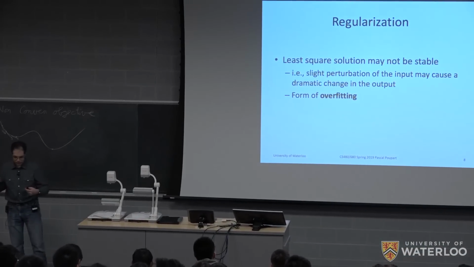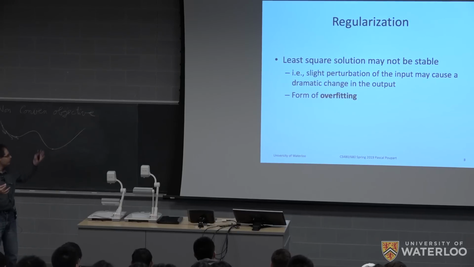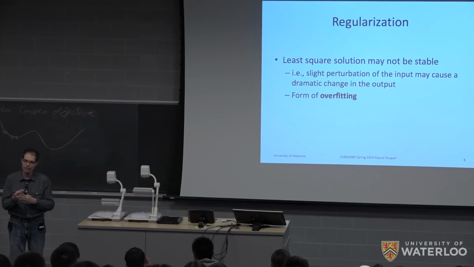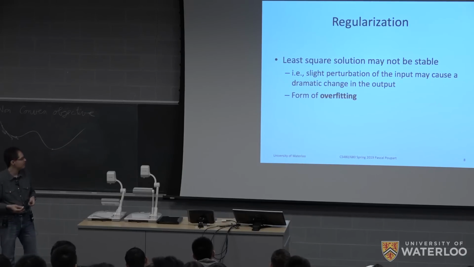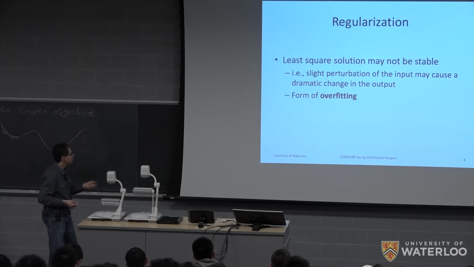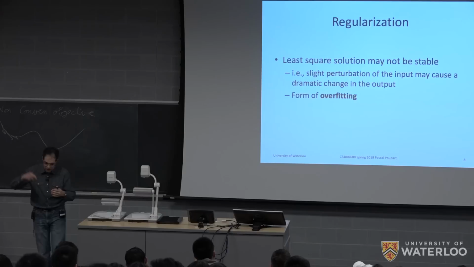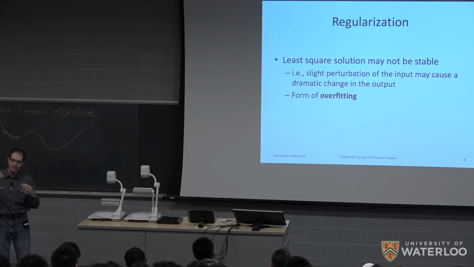Okay, so when we find the solution based on this least square objective, even though there is a single solution, that solution is not stable, it's not robust. What I mean by this is that we could perturb the inputs slightly, and this will obviously change where the line is going to settle, what is the best line.